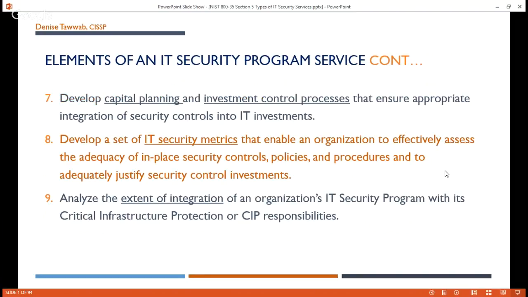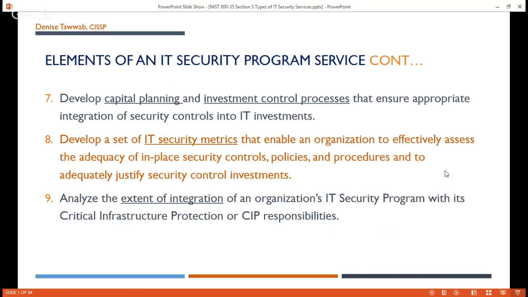Also, you're going to need to develop capital planning and investment control processes that ensure that your security controls are integrated into IT investments. They can help you develop a set of IT security metrics that enables you to effectively assess the adequacy of your security controls, your policies, your procedures, and to continue to justify your security control investments.